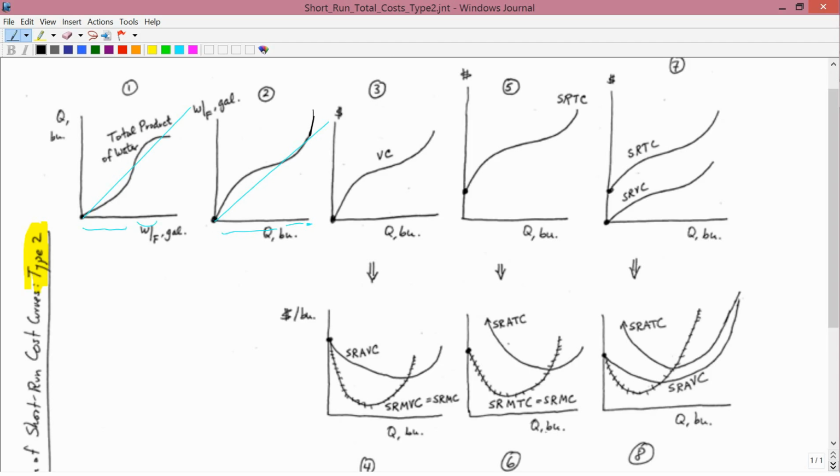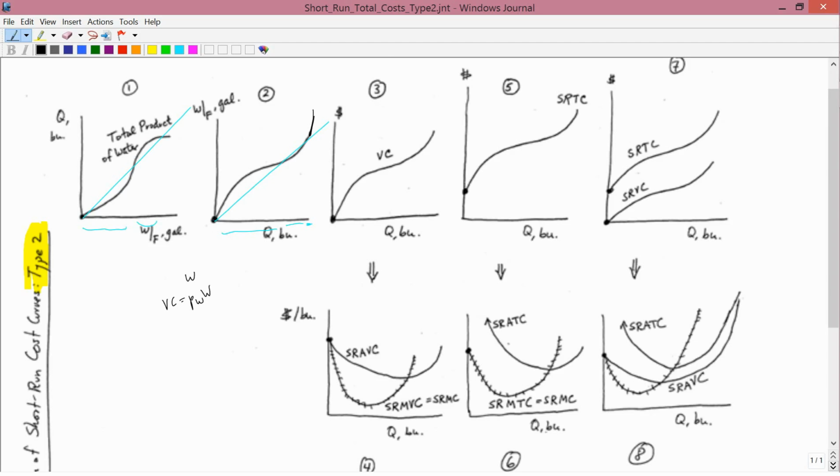To go from graph number 1 to graph number 2, the horizontal axis stays the same. The vertical axis changes from water to dollars. These dollars are variable cost. We could call it short run variable cost. I just left out SR. Again, the way you go from 2 to 3, 2 is W. 3 is variable cost, which is the price of water times water.